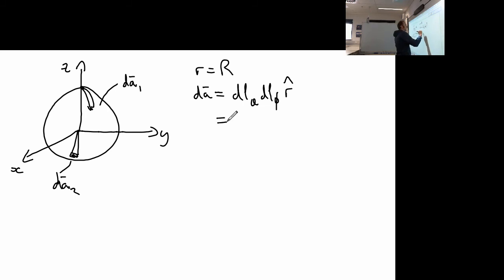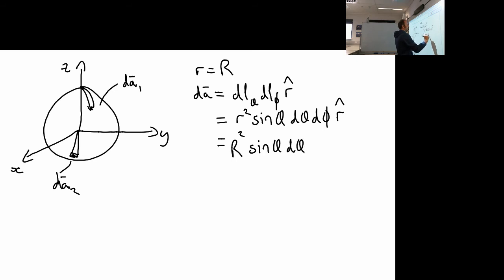So here we obtain r squared sine theta d theta d phi r hat, or since we can substitute for big R, we have big R squared sine theta d theta d phi r hat. Okay, so that's for our first infinitesimal surface area element.